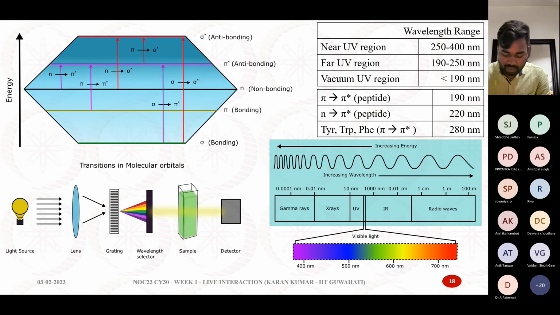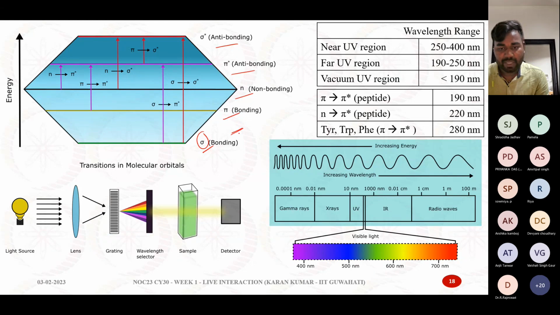To brief you about this, there are a total of 5 types of bonding that can occur. Sigma bonding makes only a single bond.